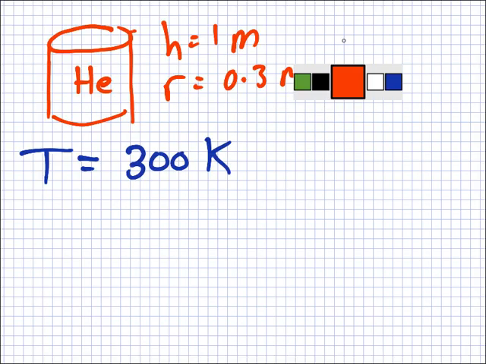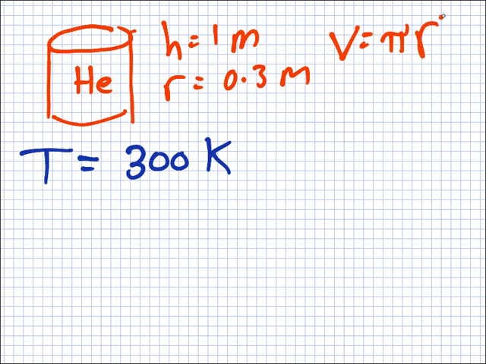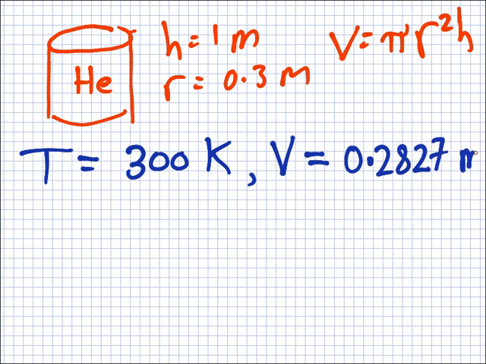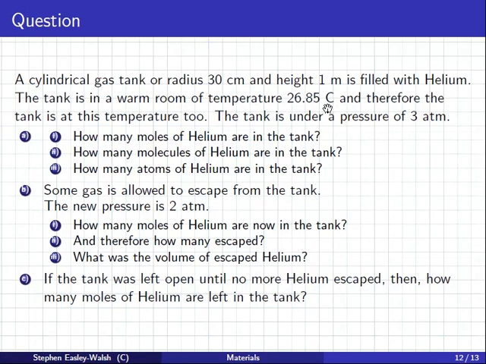Can you also calculate for me the volume, which is using the formula pi r squared h. So what is the volume here? Meters cubed. Are we happy so far? Yep. Right.